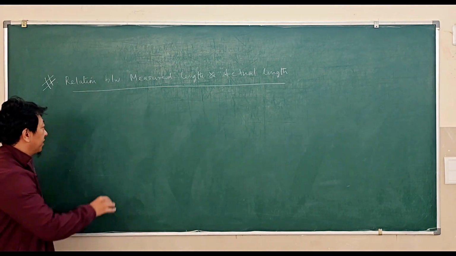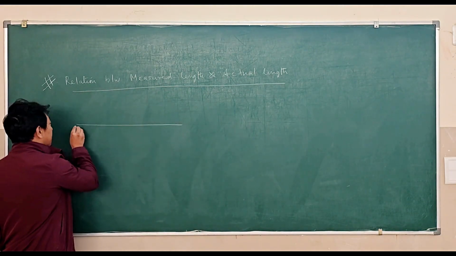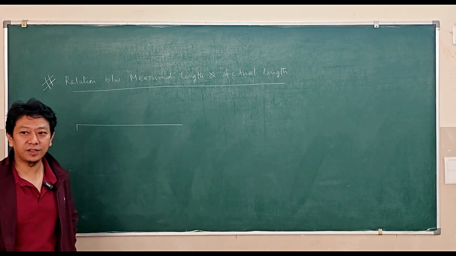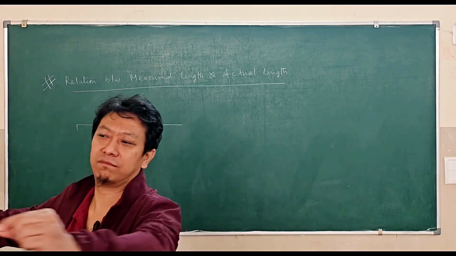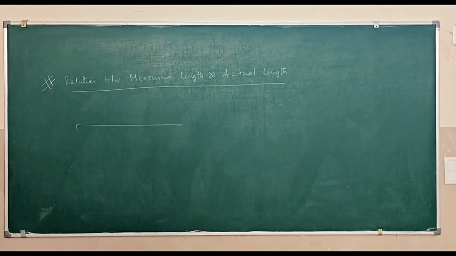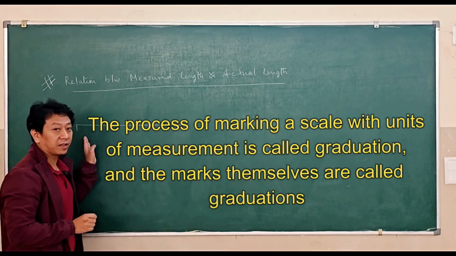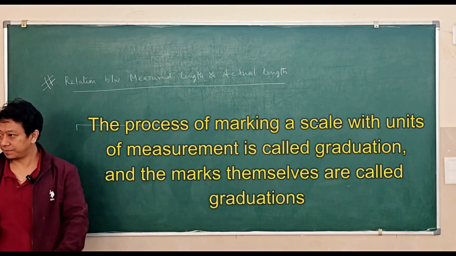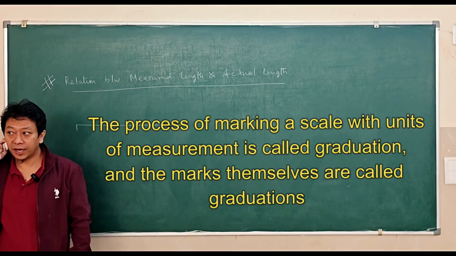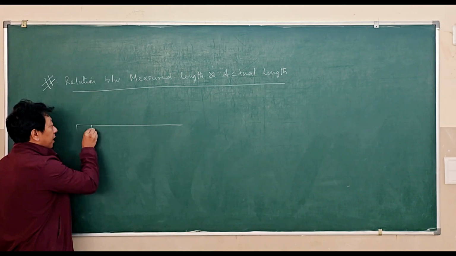When you make a scale, you will put marking, or you will just bring a rod and say, sir, with this rod I will measure. Whose length you want? Tell me, sir. Marking you do first. So when you make a scale, you have to put marking. That marking is called graduations. You have to do marking. Correct or not? So let's say you put marking like this.